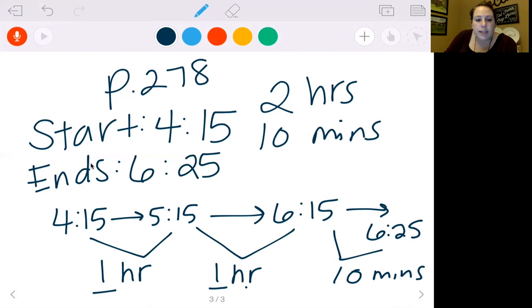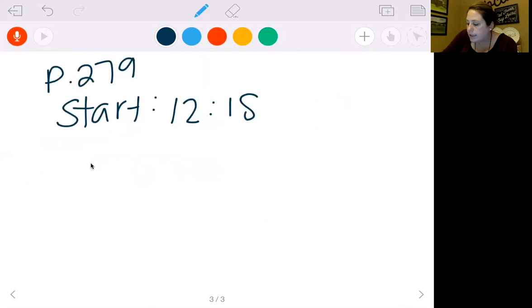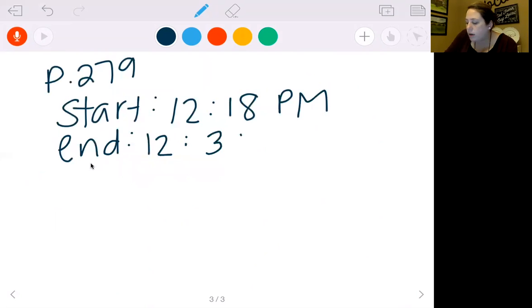On page 279, let's go to number 3 because it's harder for me to do the clocks on here. So we start at 12:18 p.m. and we're going to end at 12:39 p.m. These are actually the easy ones.